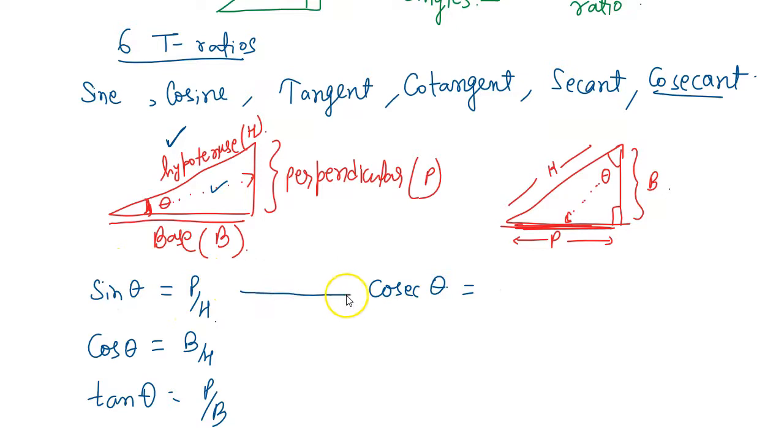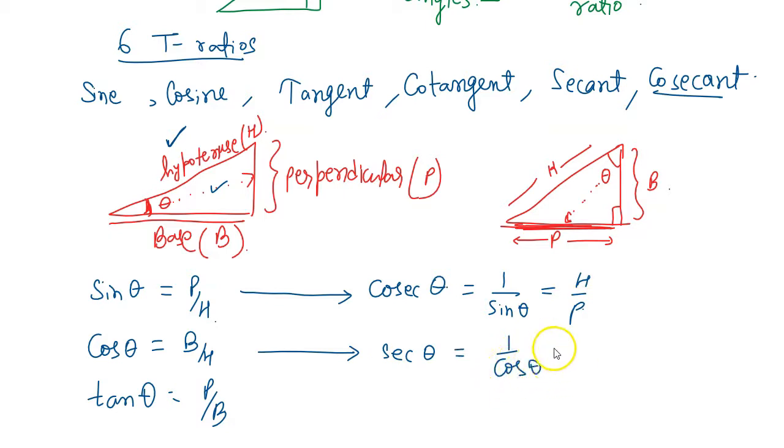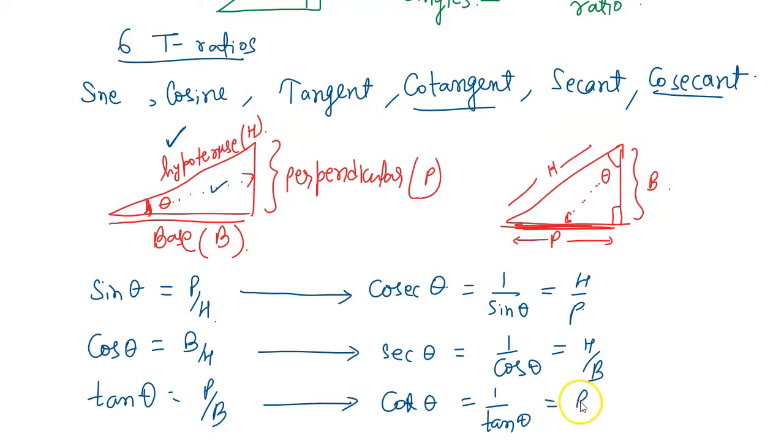Remember, cosec theta is the reciprocal of sine theta, and it is H by P. Sec theta is the reciprocal of cos theta. You will observe, sec theta is defined as H by B. Cot theta, that is the short form for cotangent, is the reciprocal of tan theta, and this is B by P, right?